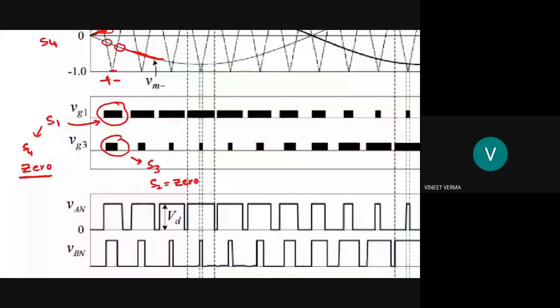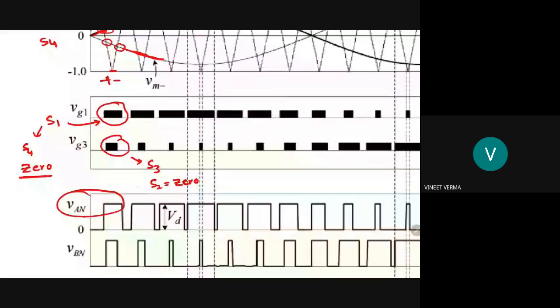These firing pulses are generated by intersecting the two modulating signals with the carrier. This is the firing signal S1, and the corresponding VAN is this.